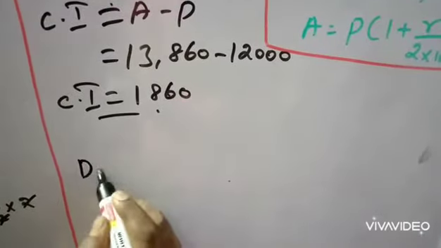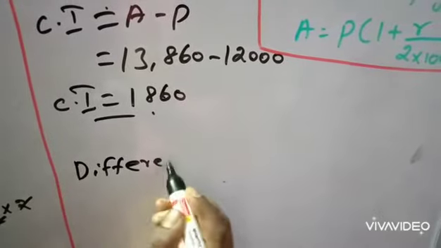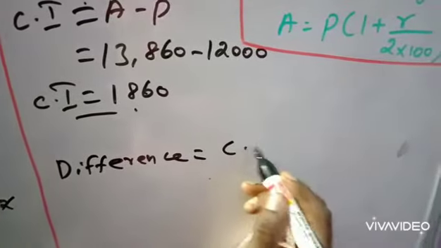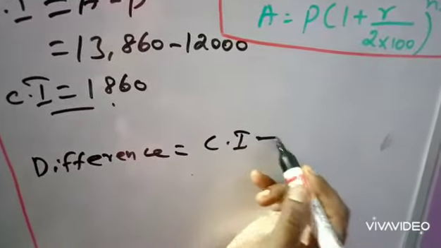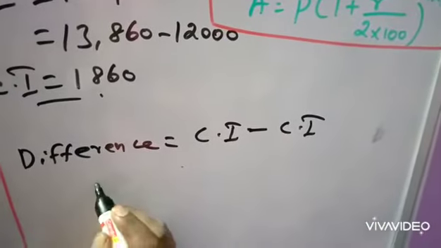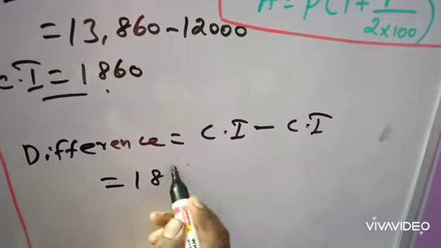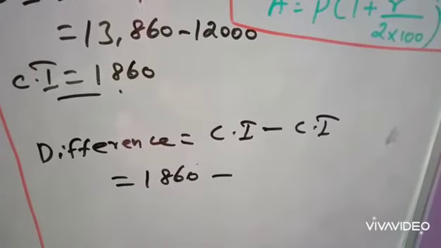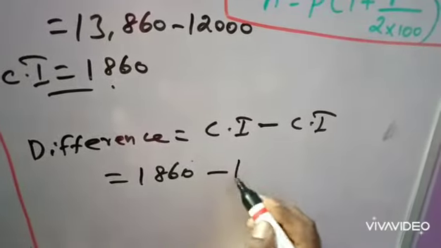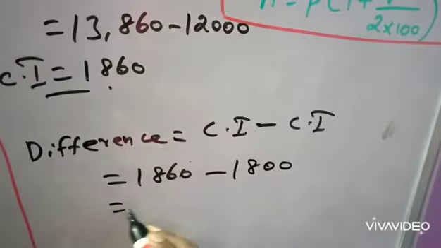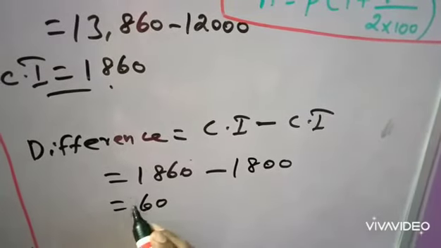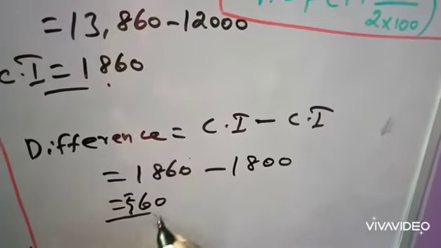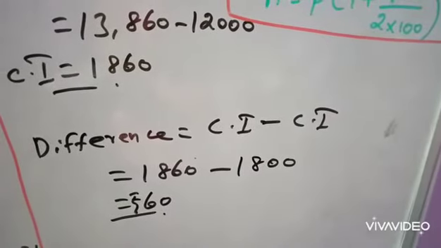So difference: compound interest minus simple interest equal to 1860 minus 1800 equal to rupees 60. So the difference is rupees 60.